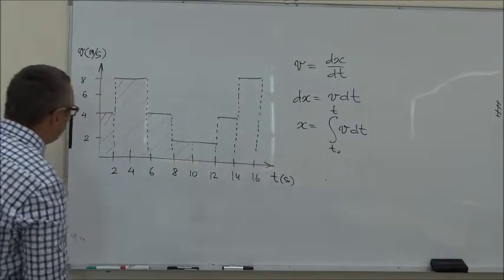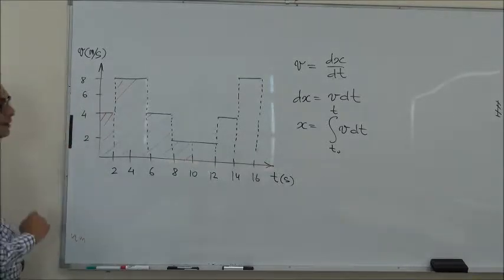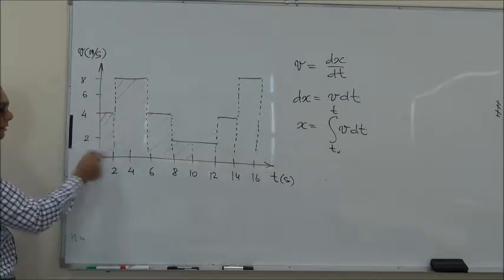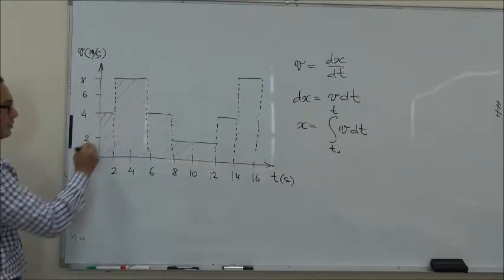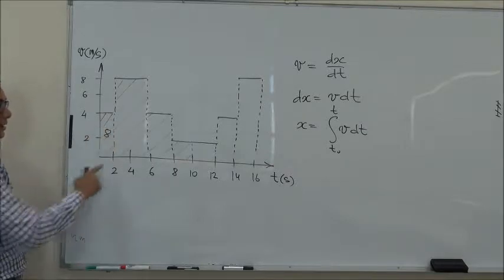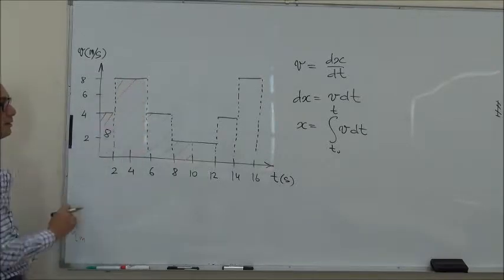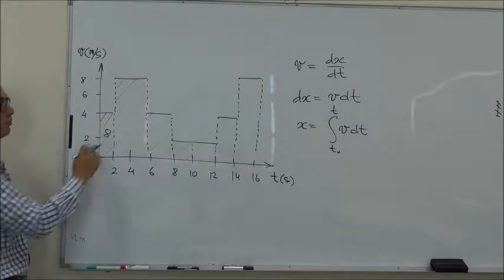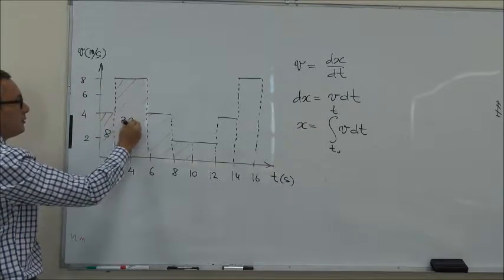Well, now because we have rectangles here, this area is equal to 2 by 4, so this is 8. This big rectangle here is 4 by 8, which is 32.